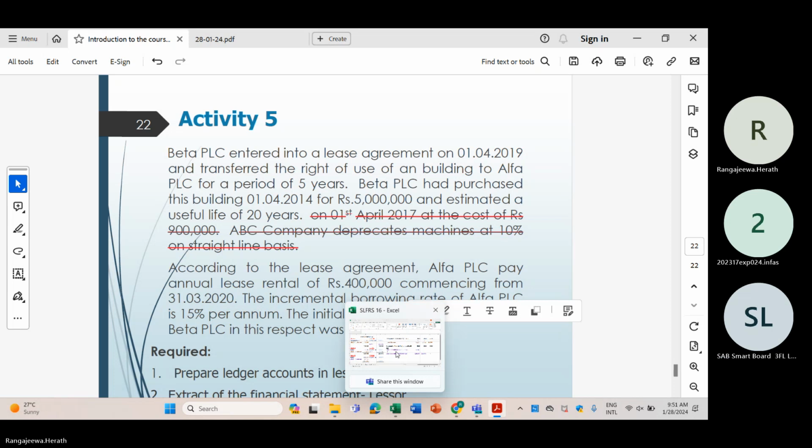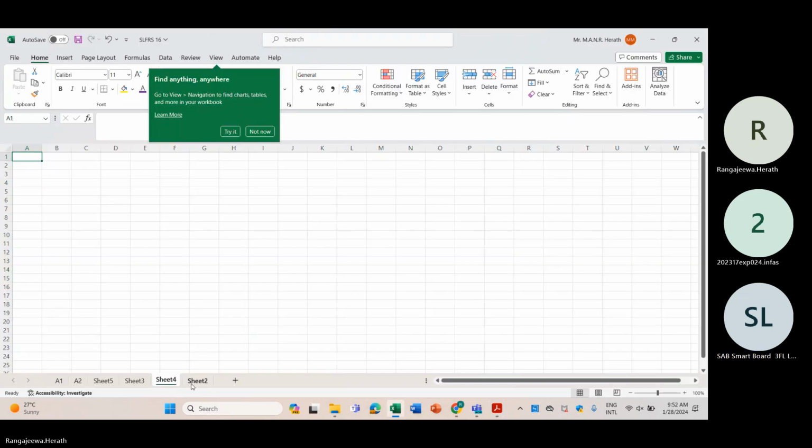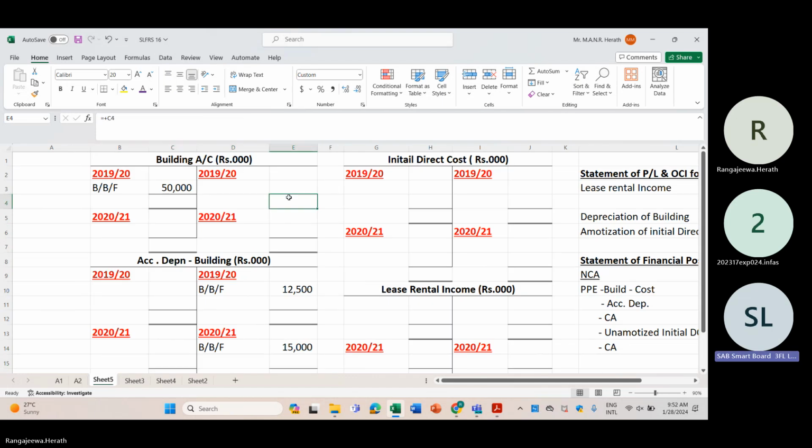Right? So here we have this building. Building balance එක තියෙනවා 5 million. Depreciate කරන්නේ අවුරුදු 20කට. 5 million divided by 20, annual depreciation 250,000.